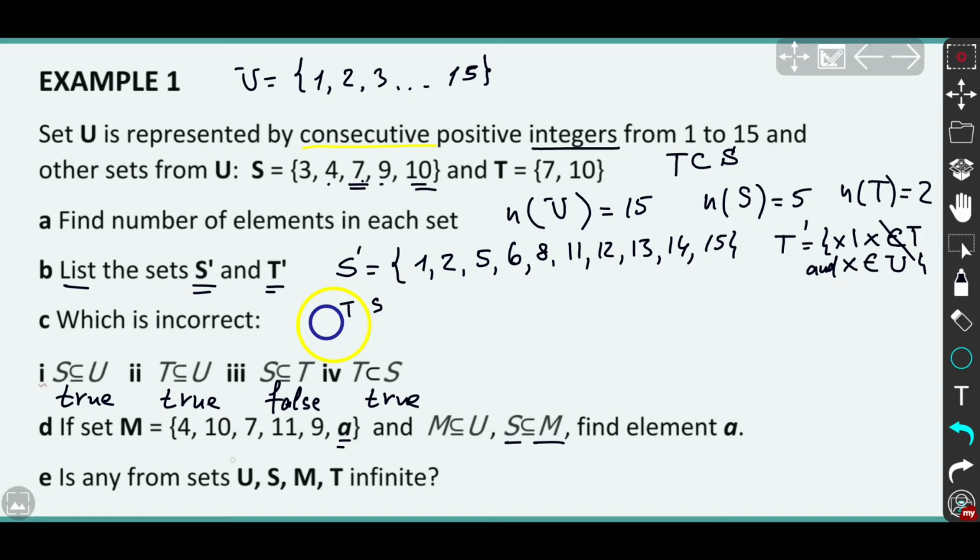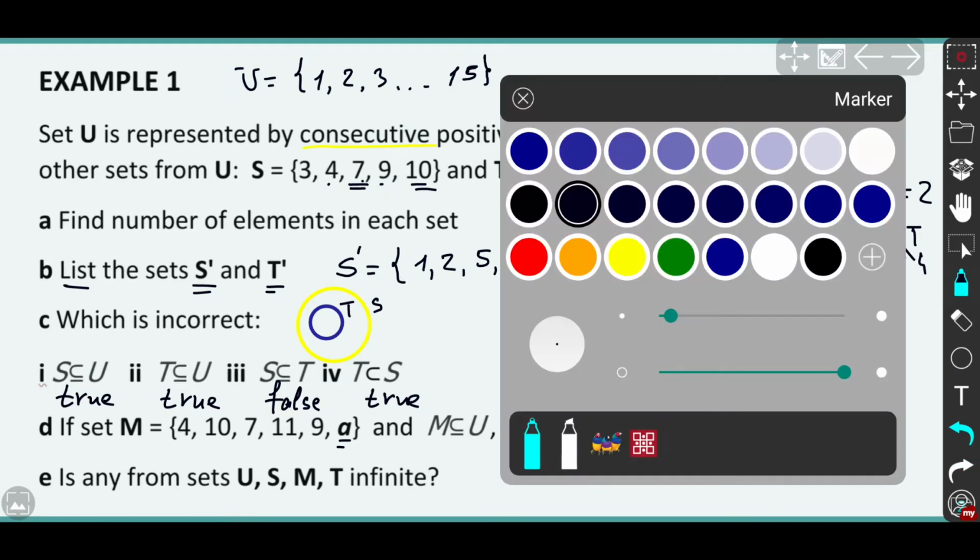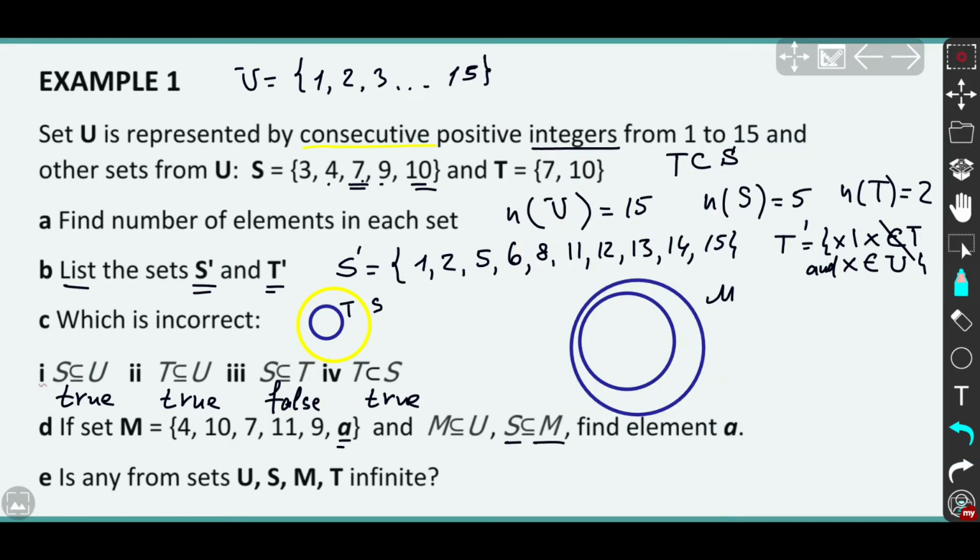So what can we do? We can do the following. We can depict set M here and set S somewhere here. Not like this, it's like that. All right, now what I'm going to do is put elements in the set S first.